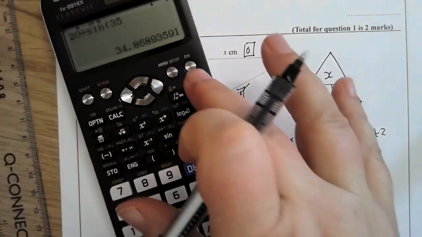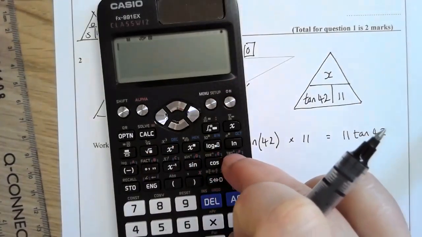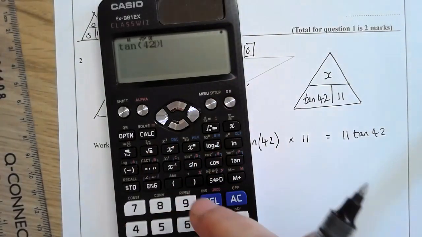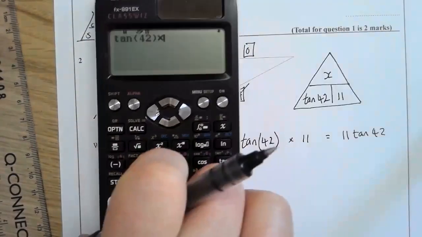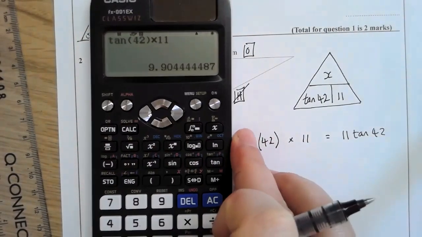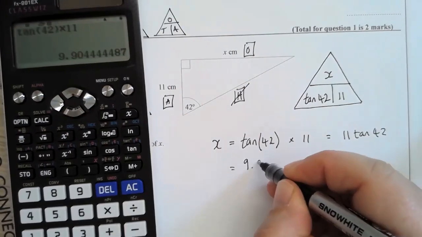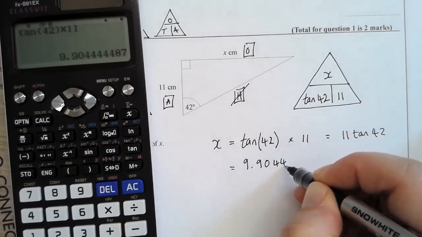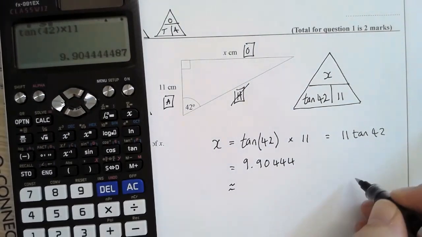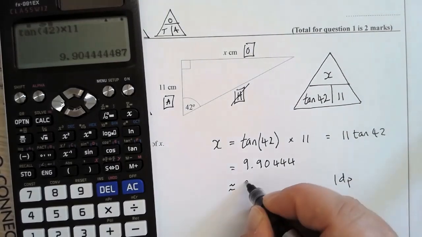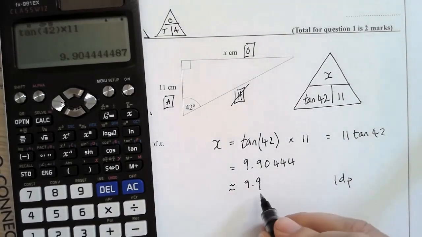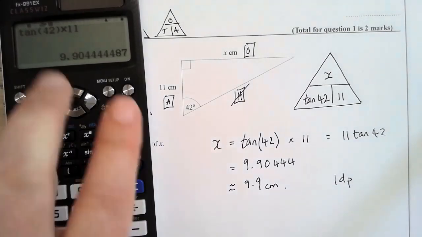Right, so I'm going to put that in. Tan 42, close brackets, multiplied by 11. 9.90444, and this time to 1 decimal place is 9.9. It's still centimeters.